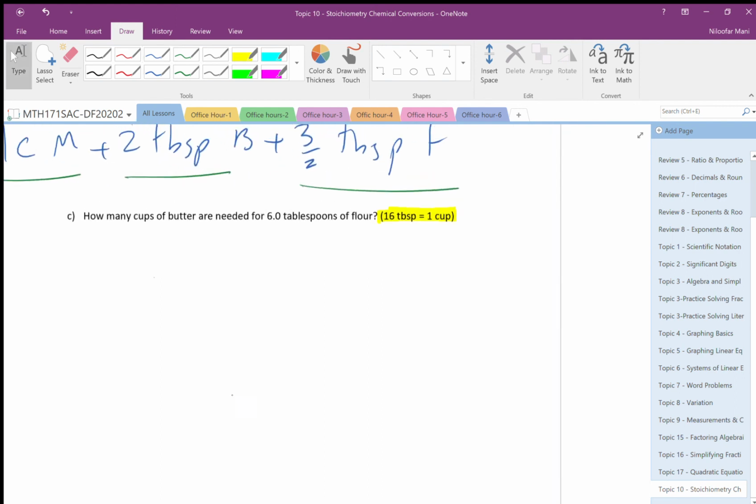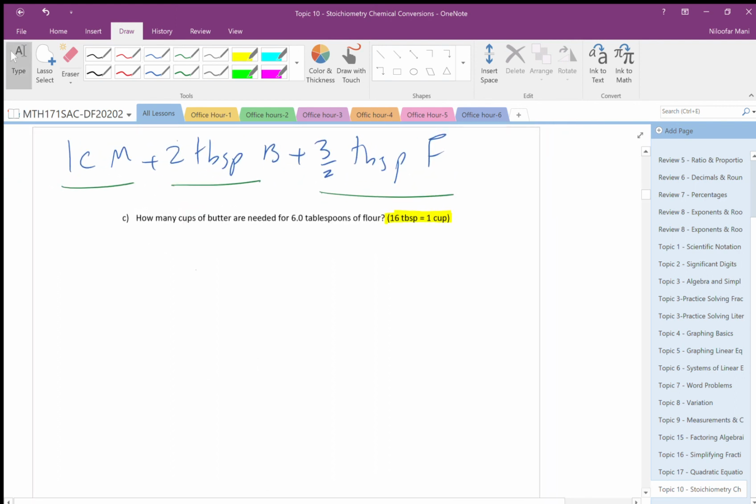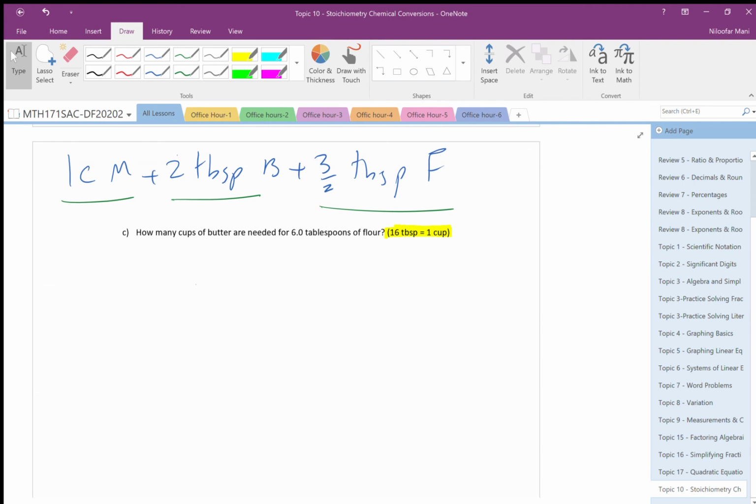Let me see if I can zoom in here. Okay, perfect. How many cups of milk are required for 6 tablespoons of flour? And it says 16 tablespoons is 1 cup. That's a very good question.